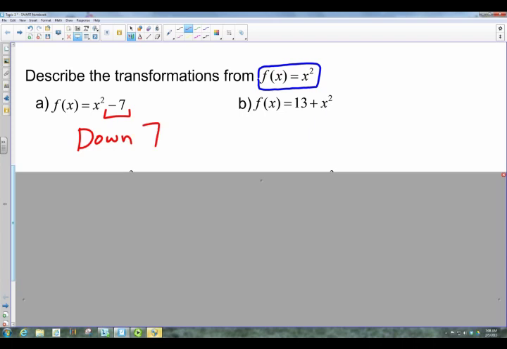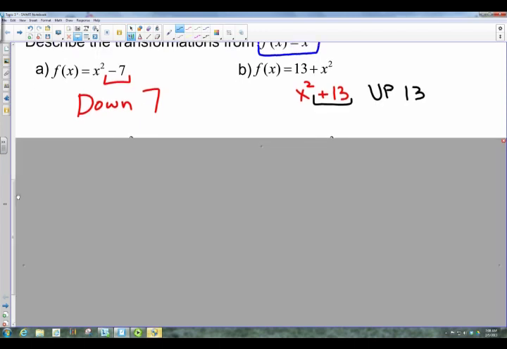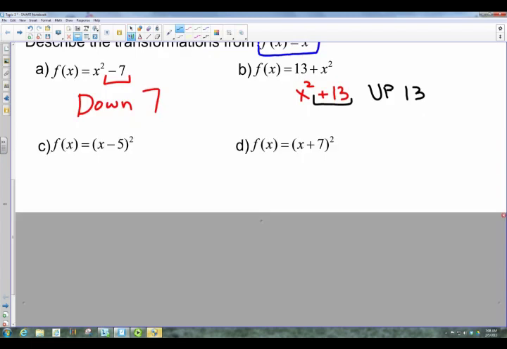Now this can be rewritten as x squared plus 13, as long as I keep my correct signs in the correct places. So now you've got this plus 13. Well, that's greater than 0, so we know it's moving up. So this thing is moving up 13. So that's one idea of how you're going to use these vertical movements, is just make sure you're noticing that those are outside those functions, and just based on the signs moving up or down.